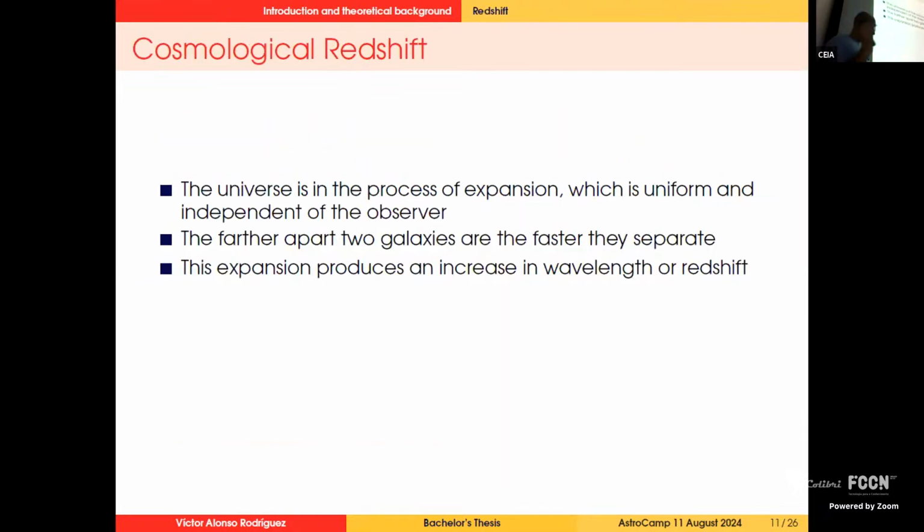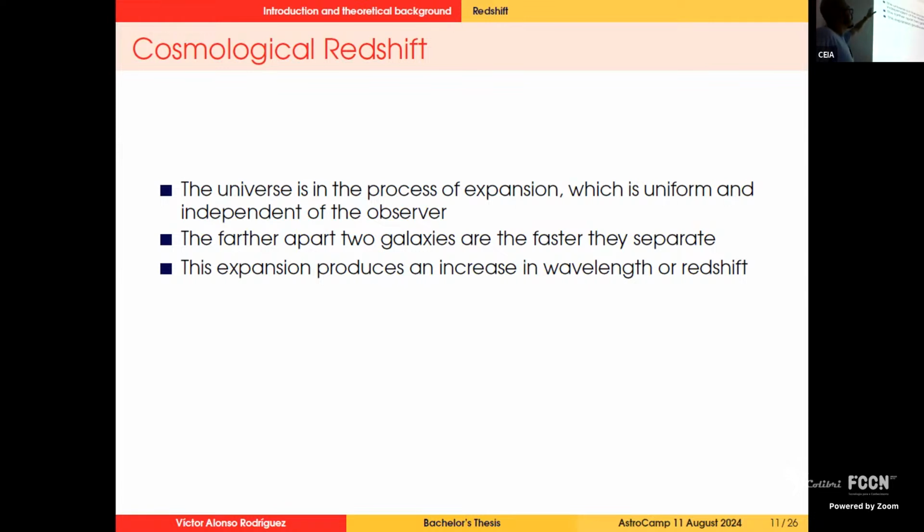Okay, now let's talk a little bit about redshift. You know a little bit of redshift now, but what is redshift? Well, redshift is a way of measuring distance in astronomy, because the universe is in constant expansion. So it's not useful to say, okay, now this is 1 meter, because probably, I don't know, 2 days later, this is not a meter, it is less than a meter, because the universe is in expansion.